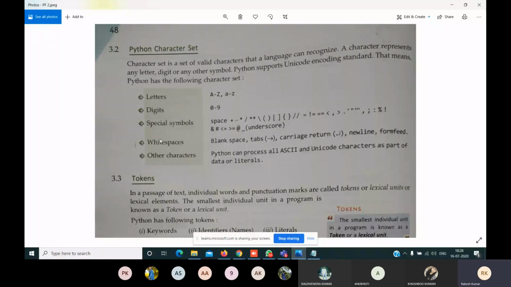Then these are the character set of Python: letters, small a to z, capital A to Z, then digits 0 to 9, special symbols, white spaces, and other characters. Python can process all ASCII and Unicode characters as part of data or literals. Is it clear?